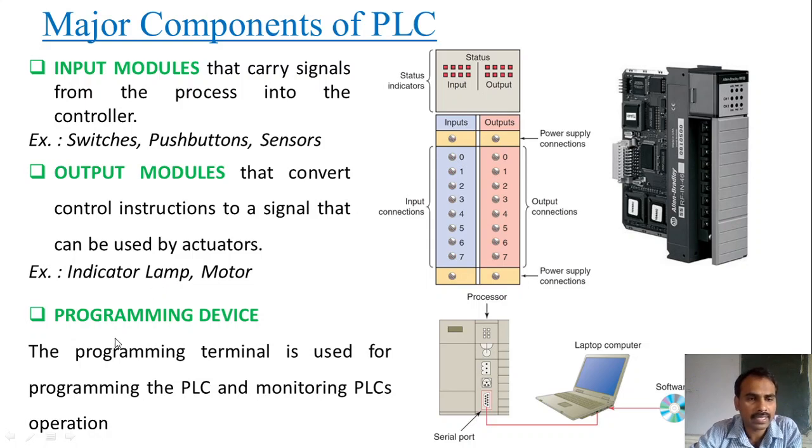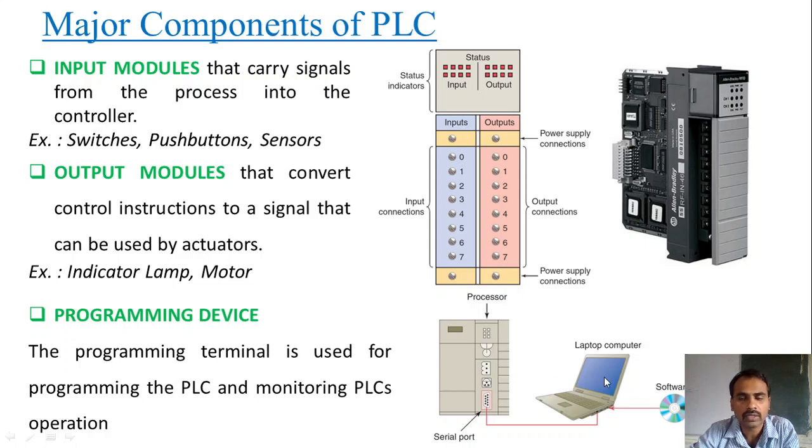Okay, and the next is a programming device. It's a programming terminal which is used for programming the PLC and monitoring the PLC's operation. You can program a PLC with a handheld device or a desktop computer or a laptop computer with suitable software.